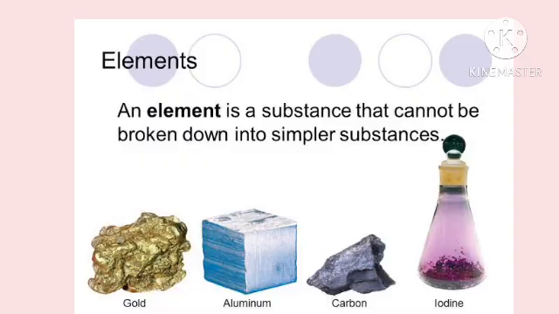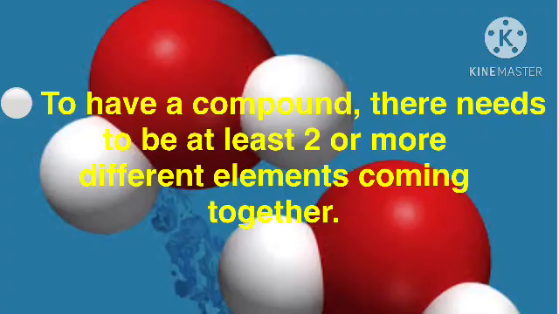Now recall that an element is a pure substance that cannot be broken down into smaller substances, and that there are 118 elements known to man on the periodic table. To have a compound, there needs to be at least two or more different elements coming together.